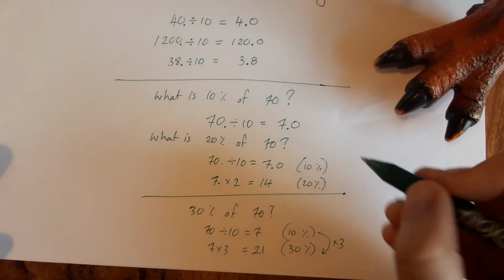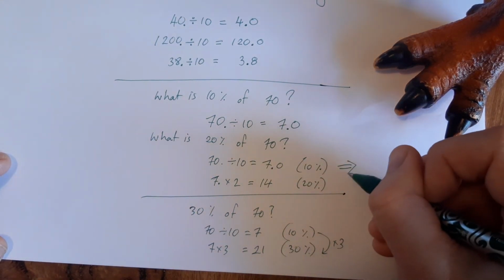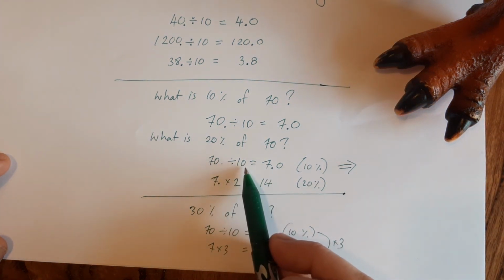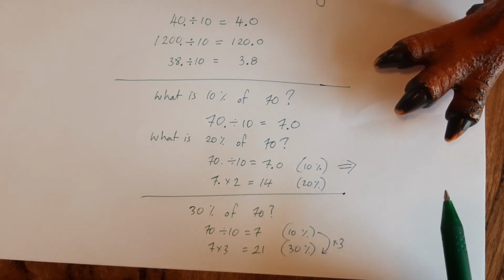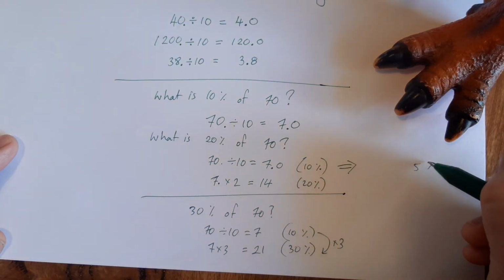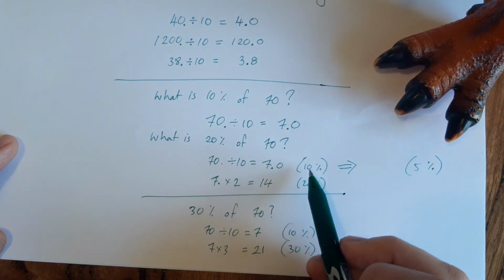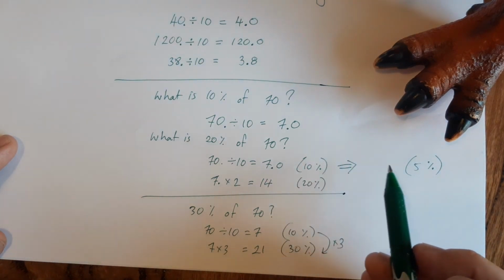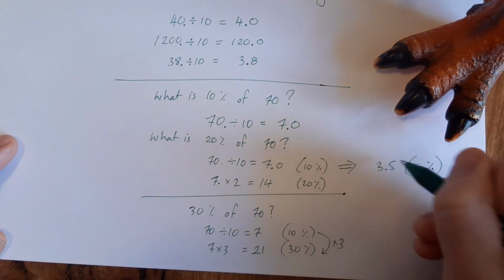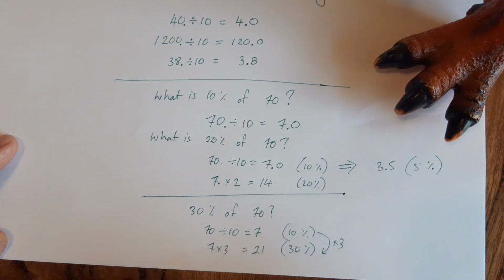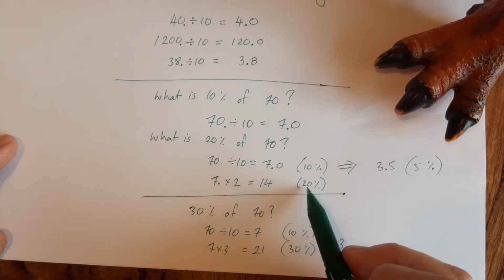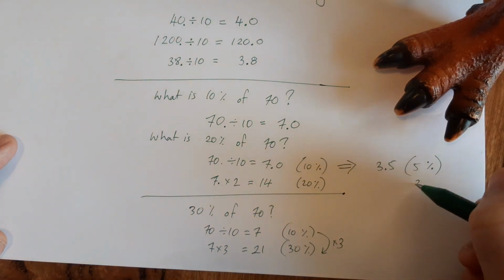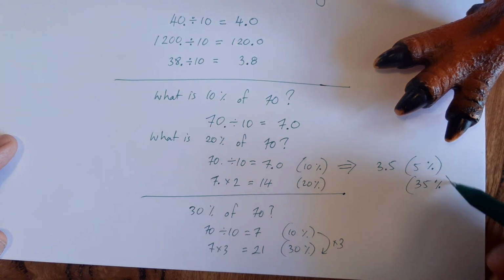I could go back to this example. If 10% of 70 is 7, then I wonder what 5% is. Well, if I half 10%, I get 5%. So if I half 7, I get 3.5. I could use 10%, 20% and 5% to make 35% of 70.